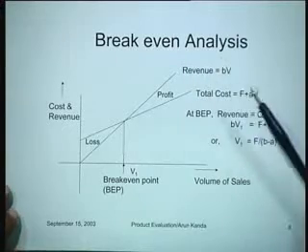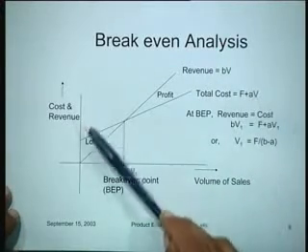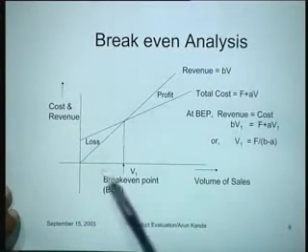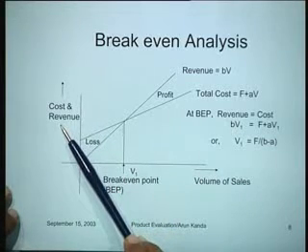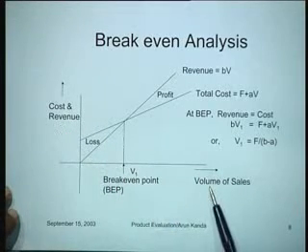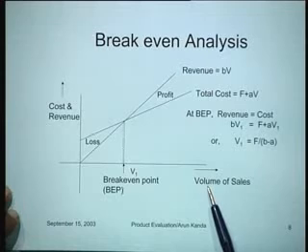A very useful and a very simple analysis which can lead to a lot of useful insights about how the company is operating can be done through what is called a break-even analysis. A break-even analysis is nothing but a plot of the cost or revenue on the y-axis and the volume of sales on the x-axis.